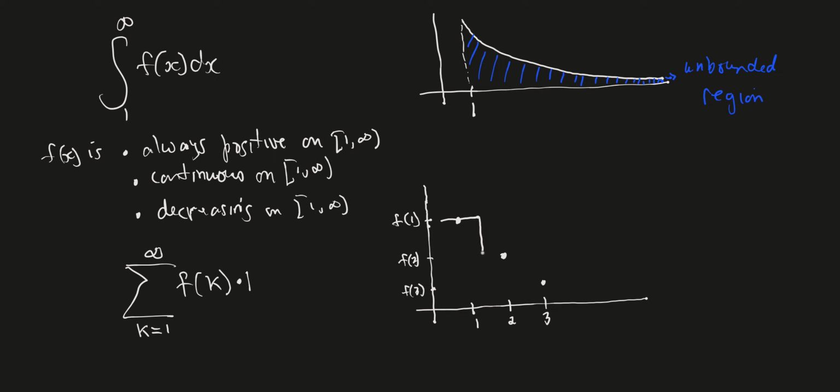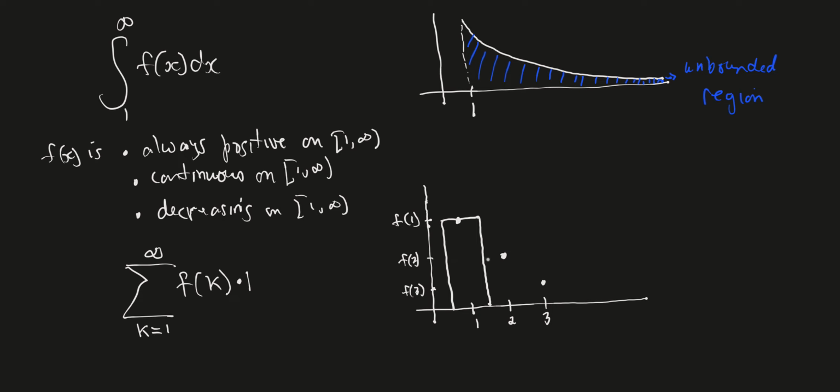I'm going to draw it like this, and then like that. Right? And there you go. So basically I have the rectangle centered at the integer 1. The height is clearly f of 1, and the width is 1, right? And then I'm going to repeat that process for all the other function values.